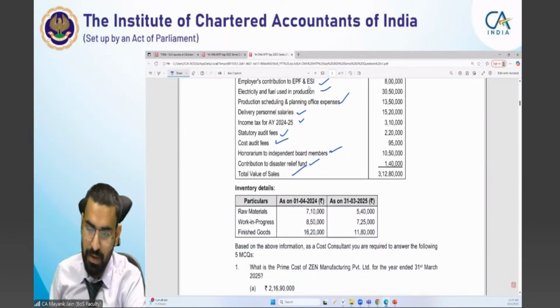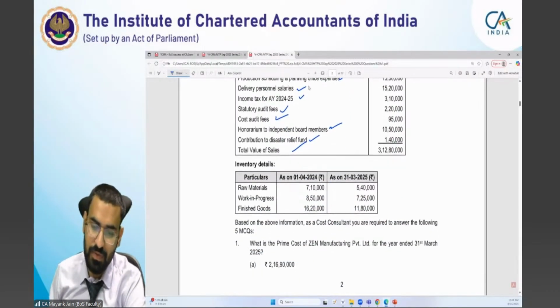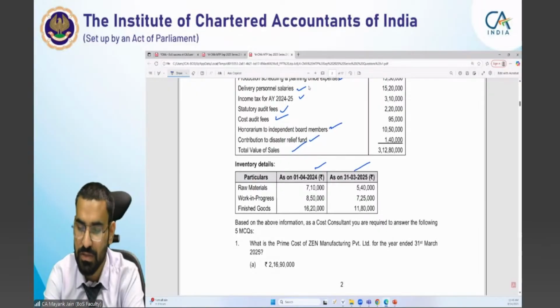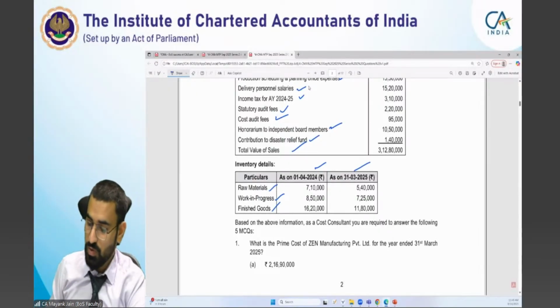And some inventory detail is also given, the opening inventory and the closing inventory for raw material, WIP, and the finished goods.